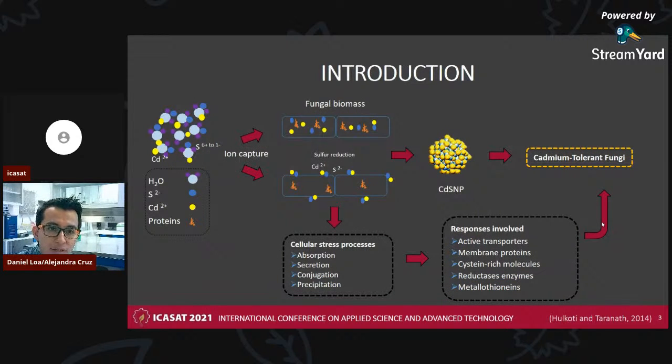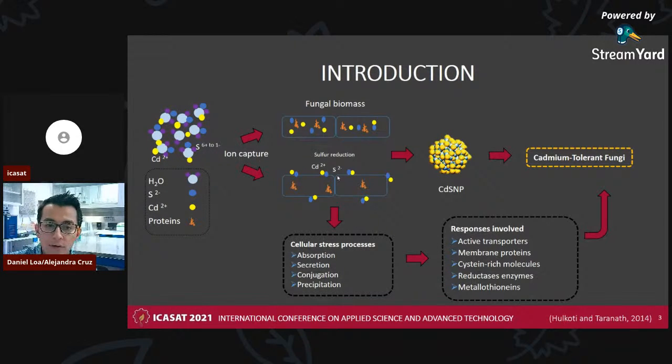Cadmium sulfide nanoparticles can be biosynthesized by intracellular or extracellular processes. Here, metal ions are captured by cells, and sulfur is reduced to combine with cadmium ions to form cadmium sulfide nanoparticles.